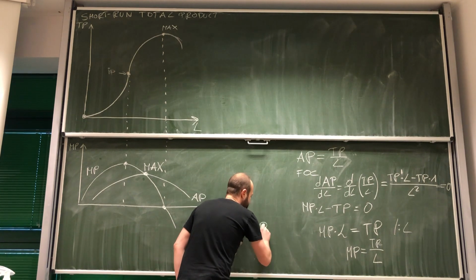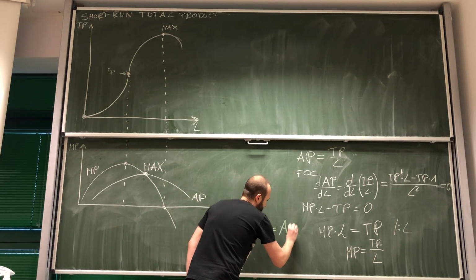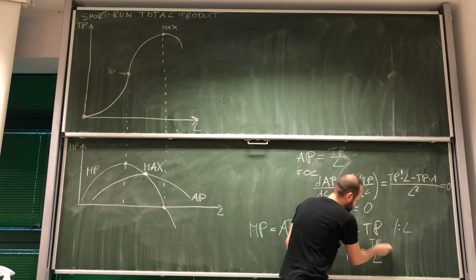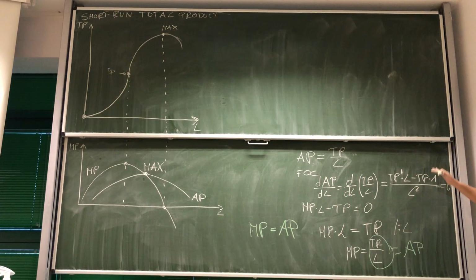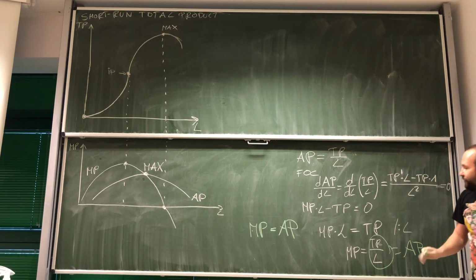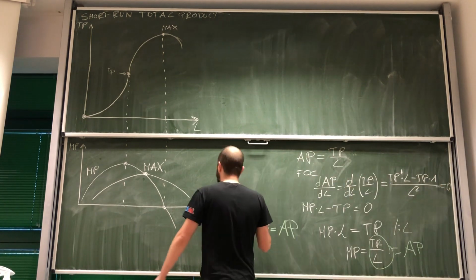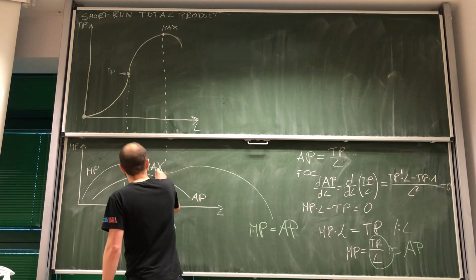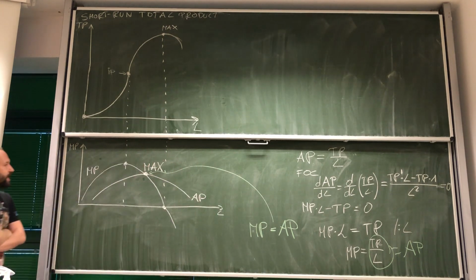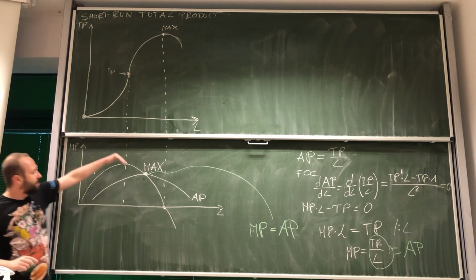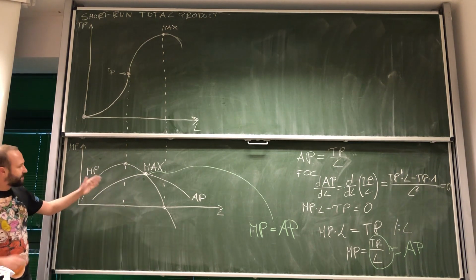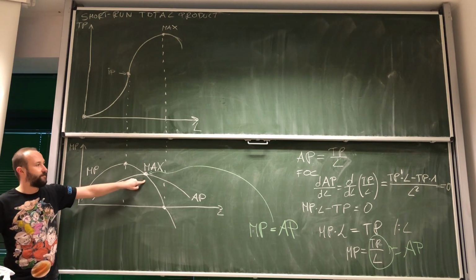Marginal product is equal to average product, because this is average product by definition. So look, we got only from the first order condition that the average level of production of the company is maximized at the exact point where marginal product is equal to average product.